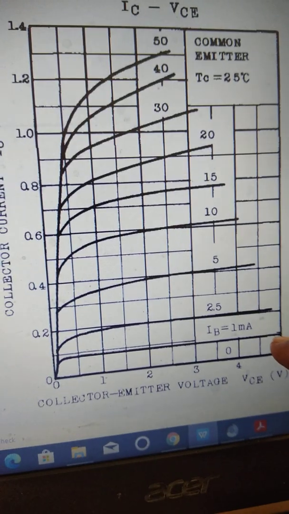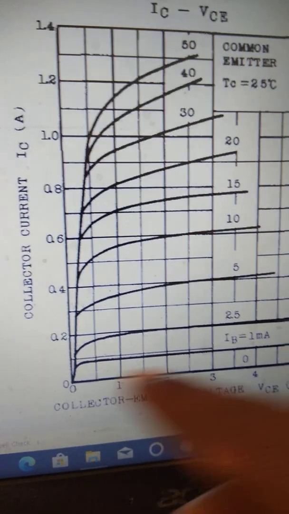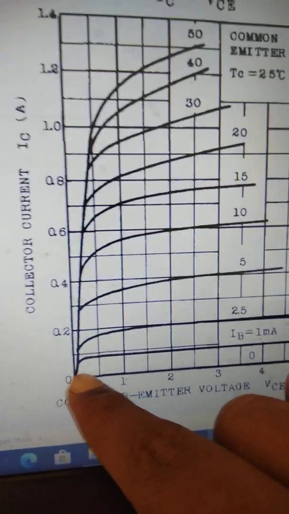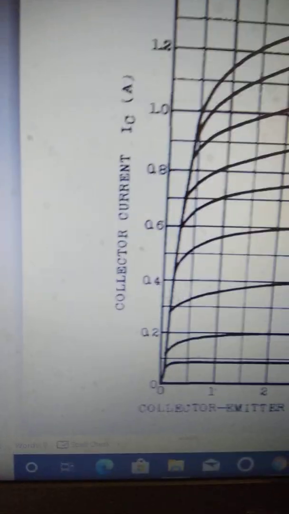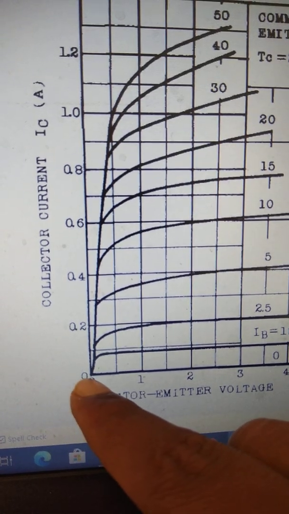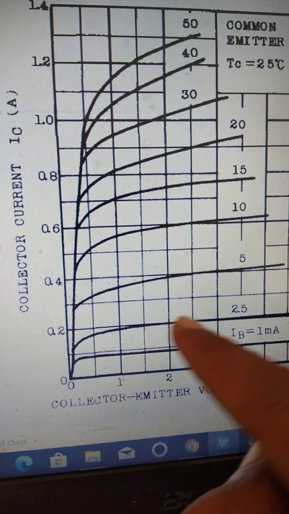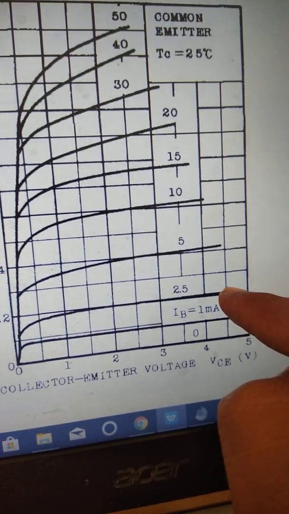This straight line indicates a constant value of IC. Similarly, when base current is 2.5 milliampere, the value of IC will increase, and after some time it will be a constant value.